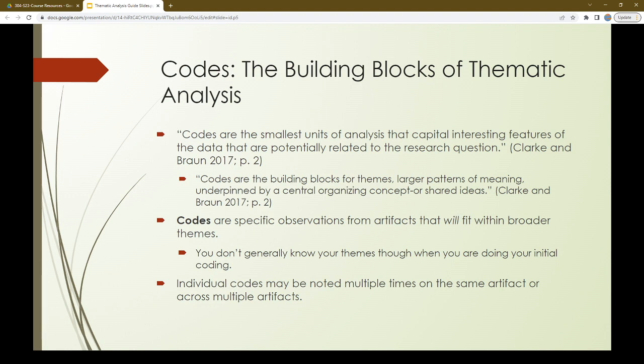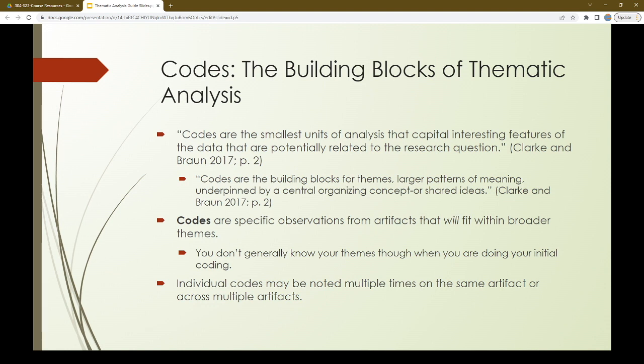Your themes are going to arise organically out of the codes that you observe. When you start doing your initial coding, you should just be familiarizing yourself with the data in the artifacts. So try to be an objective observer and just break down exactly what it is that you are seeing in terms of behaviors or messages coming out of that individual artifact.